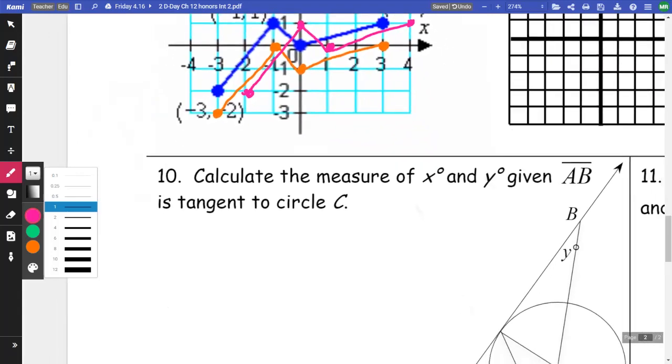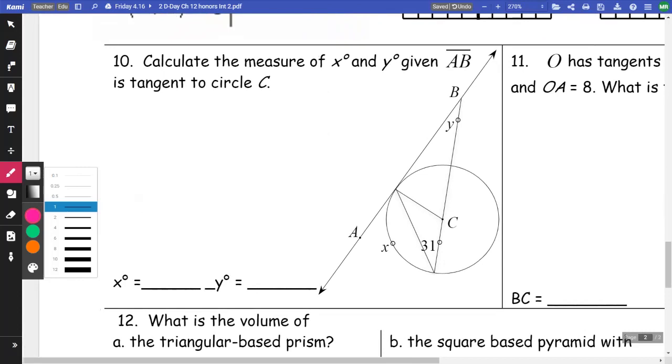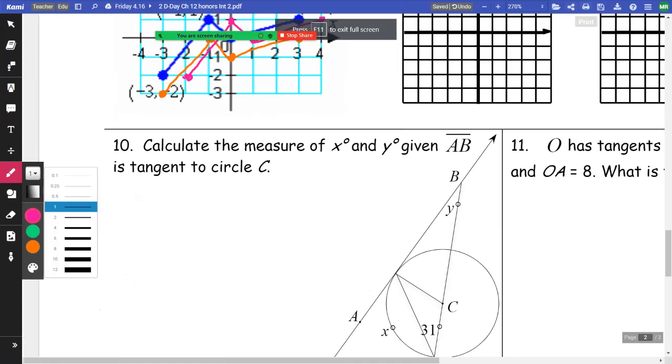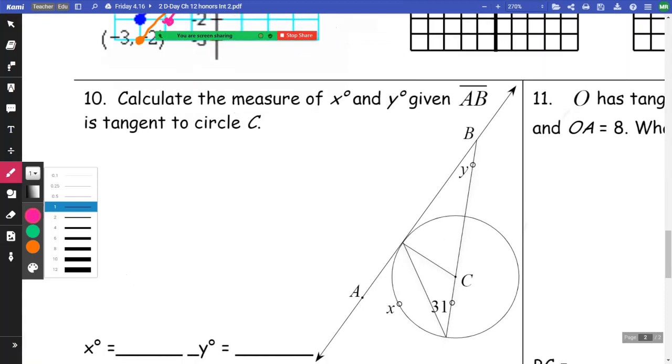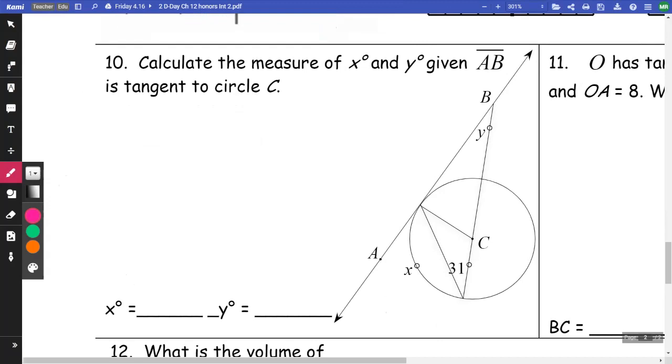On number 10, let me just get the picture a little bigger here. Calculate angle X. So we want the arc measure. Let's get it here.